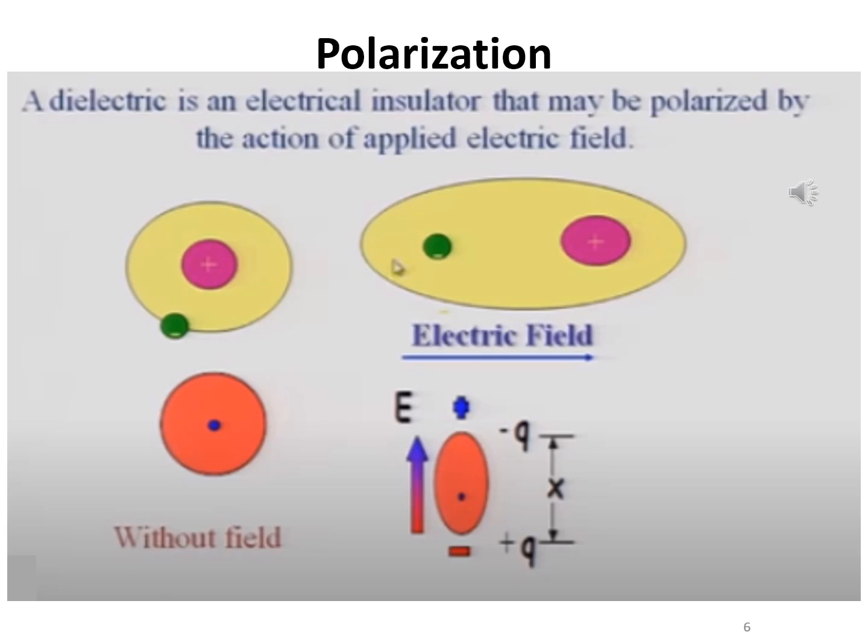Without applying any field, the material may give an average polarization of 0, whereas when you apply an electric field, there will be a resulting polarization in that direction, and there will be charge separation between them.